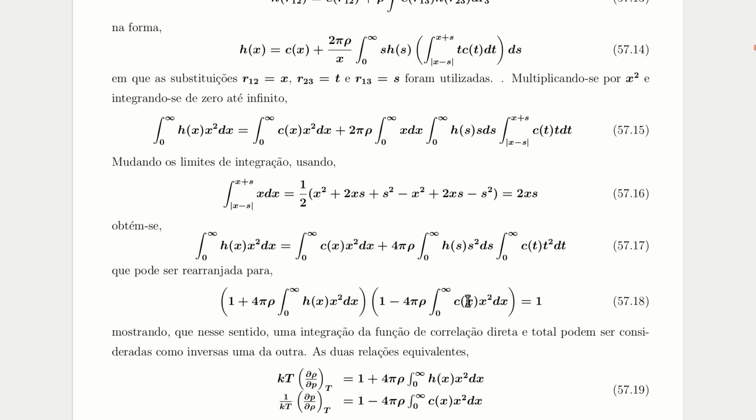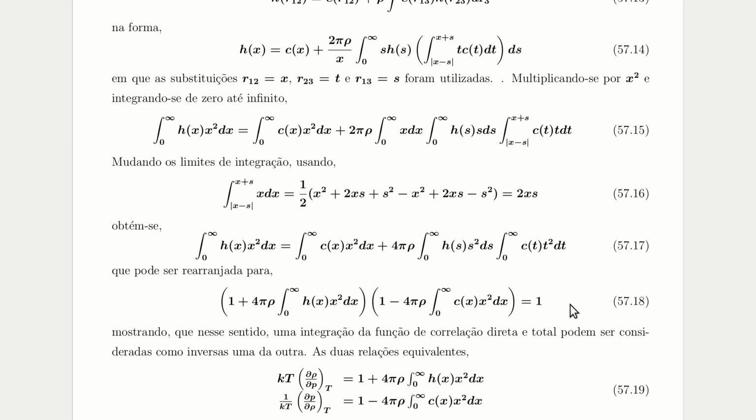H and C have to satisfy that, and usually they don't, because of the closure relation. The closure relation is an approximation to solve the Ornstein-Zernike equation, and at the end you cannot always satisfy the thermodynamic consistency with some precision.